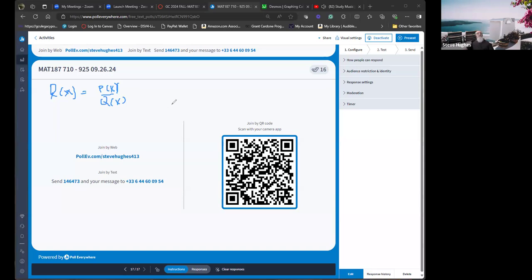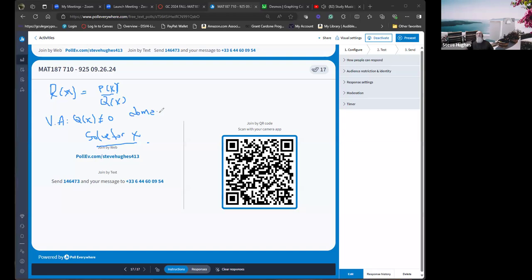Right, exactly. You guys are both correct. We take a look at this denominator, Q of X. So for the vertical asymptotes, we let Q of X equal 0 and solve for X. Setting the denominator not equal to 0 tells you the domain, actually.